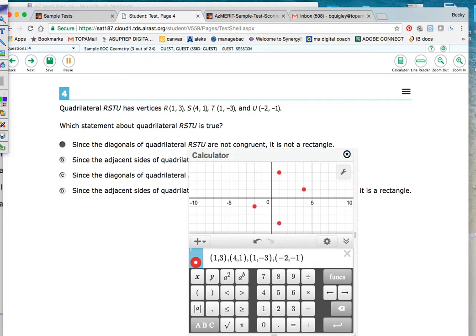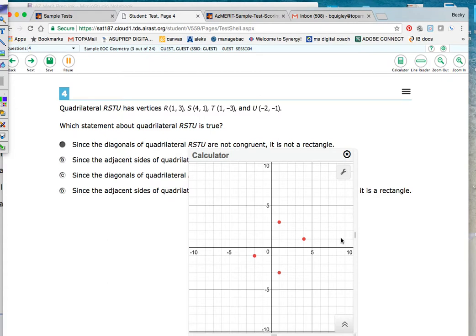Make sure I have those in correctly. 1, -3, 4, 1, 1, 3. All right. So let's look and see what we notice about this. Just at a quick glance, it looks like it could be a parallelogram. Not sure. So let's read the statements.